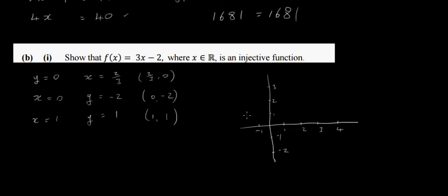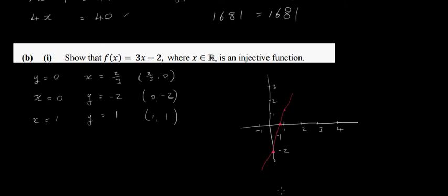Okay, so we have 2/3, 0, so I'll just put it in a different color here. So 2/3, 0 is somewhere around there. We've 0, minus 2, so that's going to be here. And then we've got 1, 1, which is here. So if we join those up, we will get a straight line. Doesn't look very straight here, but you could use a ruler and do it properly.